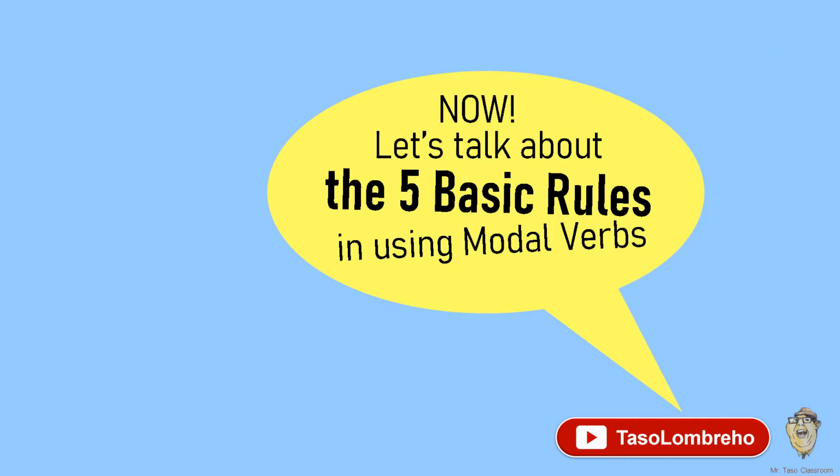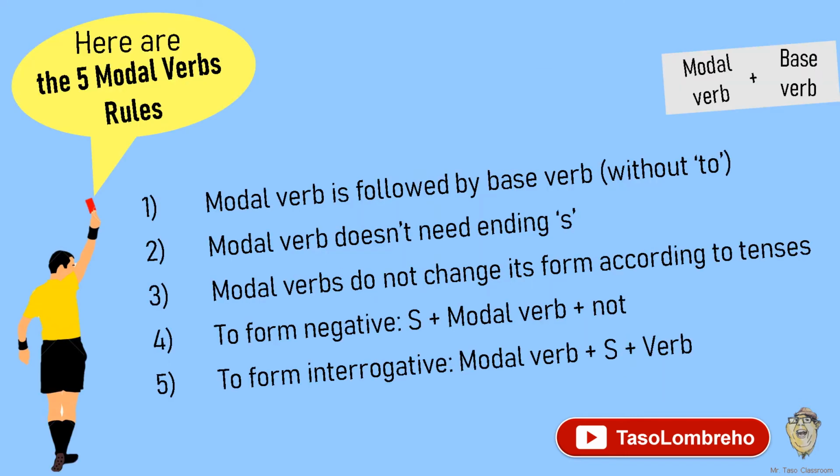Now let's talk about the 5 basic rules in using the modal verb. Here are the 5 modal verbs rules. Number 1, modal verb is followed by base verb without to. Number 2, modal verb doesn't need ending s. Number 3, modal verbs do not change its form according to tenses.